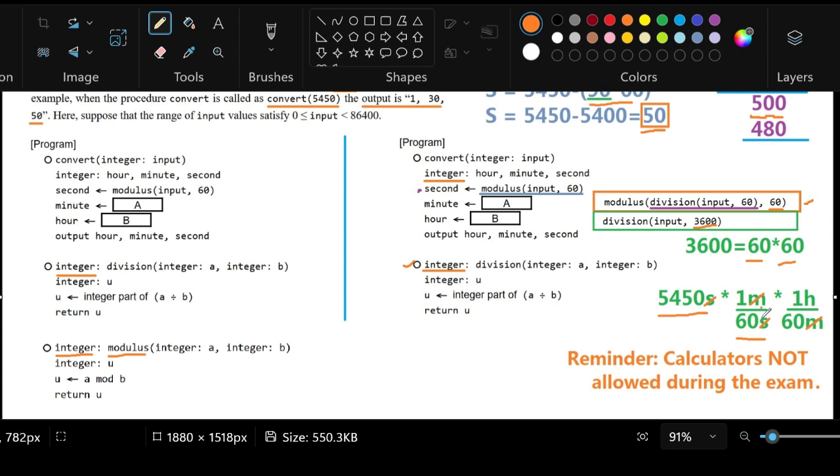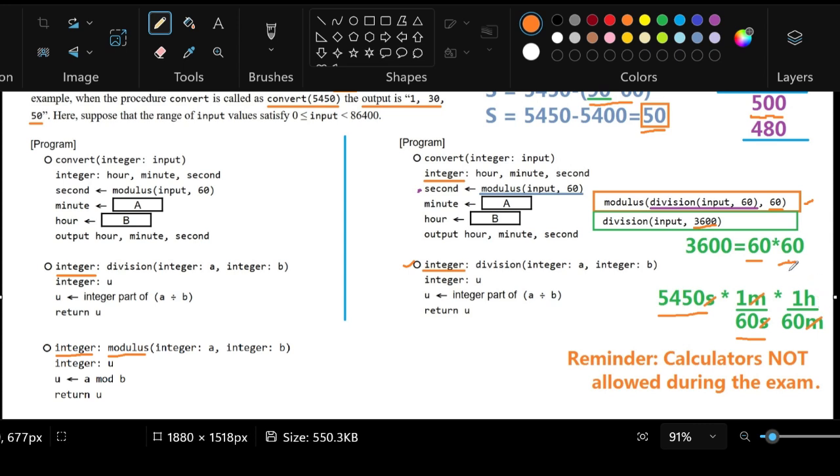But what we need is the hour, so the next thing we need to do is figure out how many minutes are there in an hour. And we know that there would be 60 minutes in an hour. That's why we need to do another division, and we divide it by 60 in this way. That's why we would get the R.